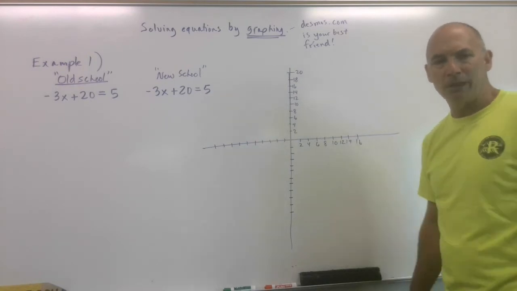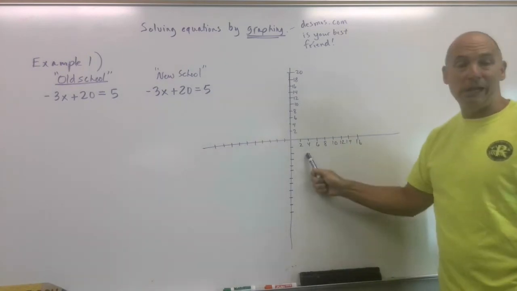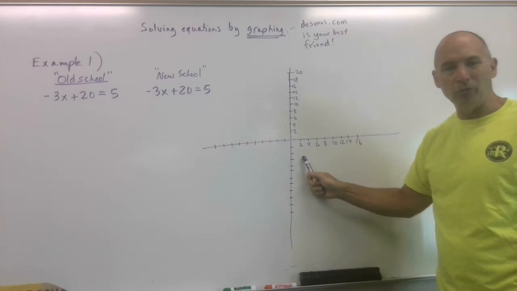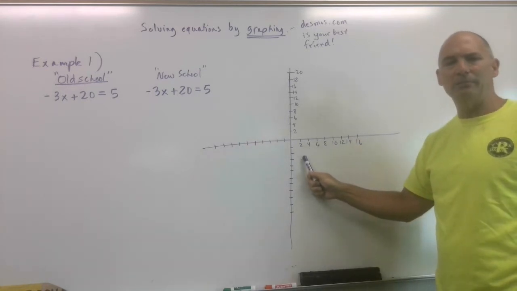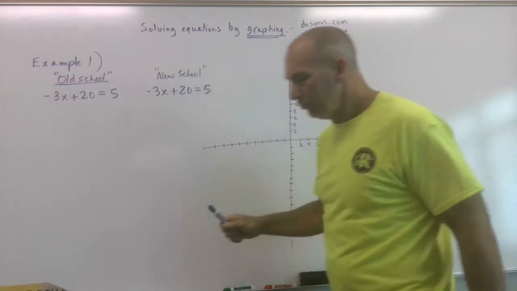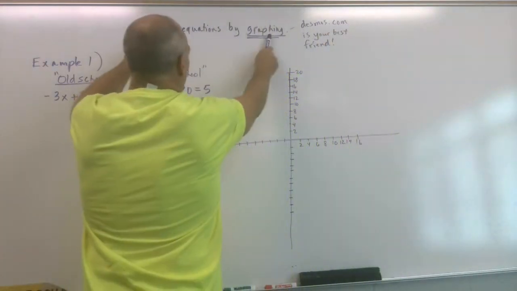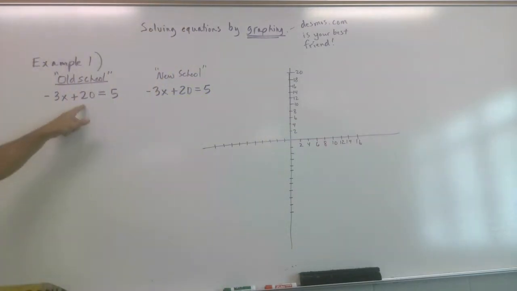I'll show you why. I'm going to do this one by hand, just to show you why Desmos.com is our best friend. So it says solve equations by graphing. Now, let's go really old school here for a second. Example one, solve this.